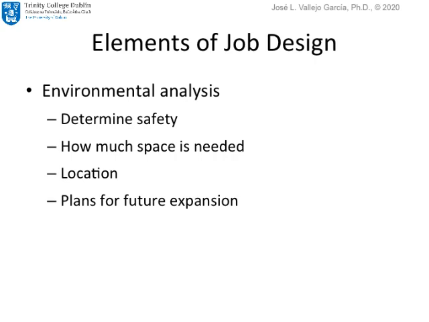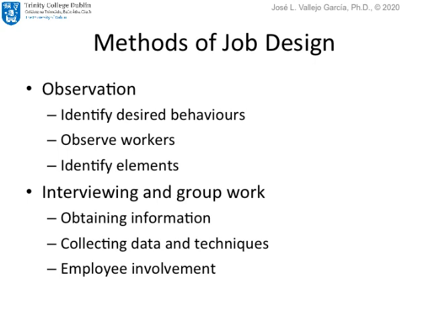We have here then the methods of job design. There are three methods. Observation: identify desired behaviors, observe workers, identify elements. Then you have interviewing and group work, where you basically obtain information, collect data and techniques and employee involvement from interviewing a group of people.